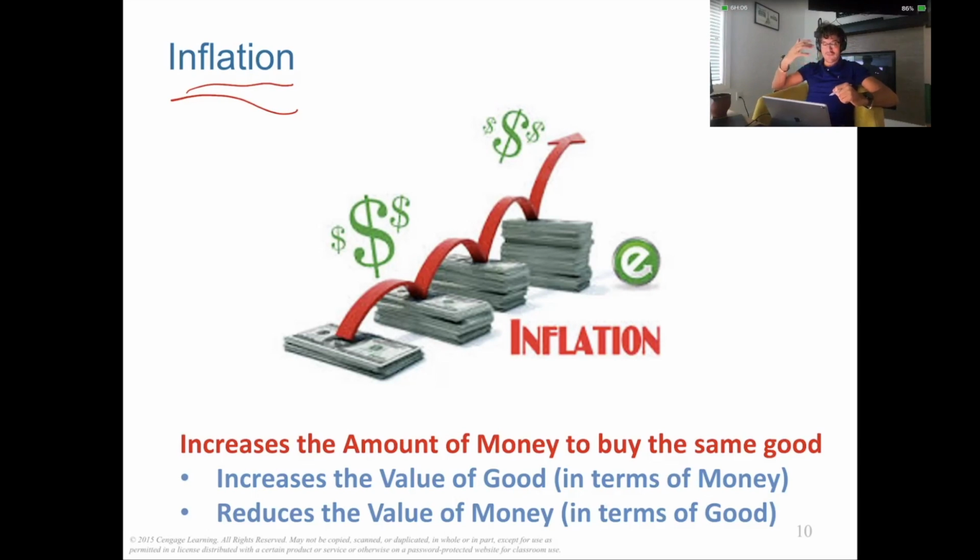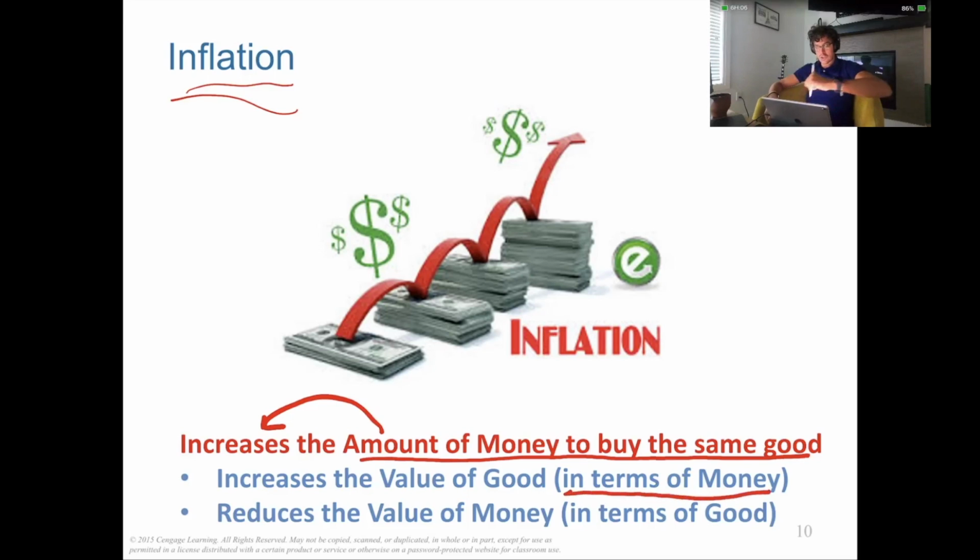What inflation basically measures is how the amount of money needed to buy the same good increases over time. So inflation measures the increase of the value of goods in terms of money, which is a measure that tells us that there is a reduction in the value of money. You need more money in order to buy the same amount of goods.